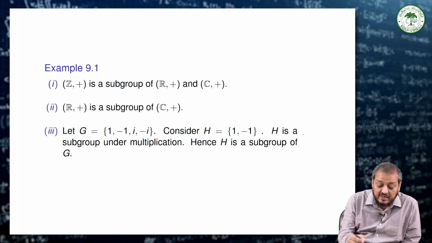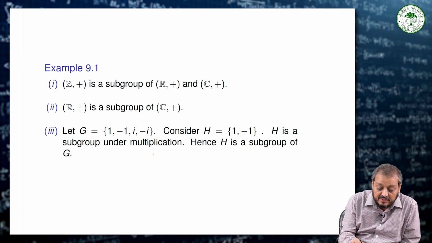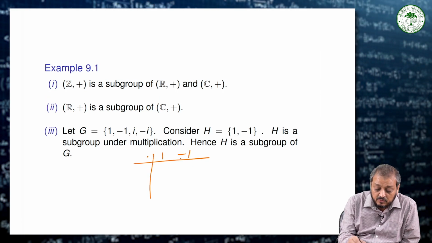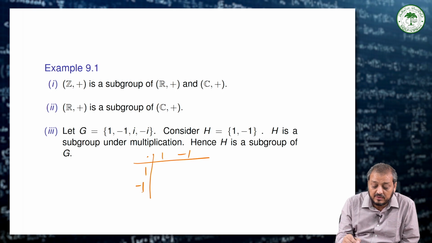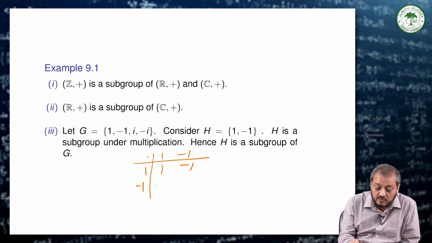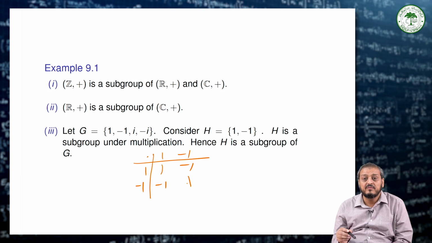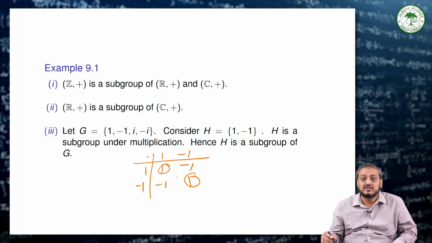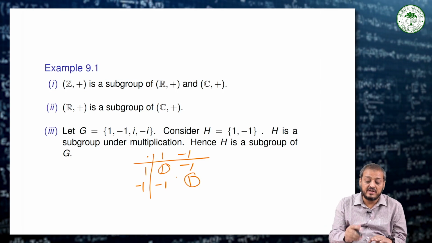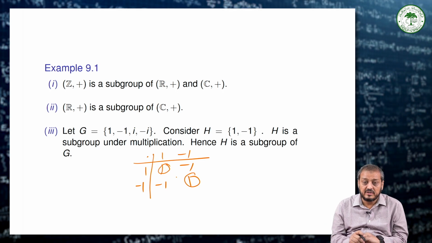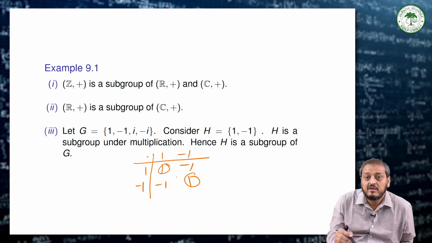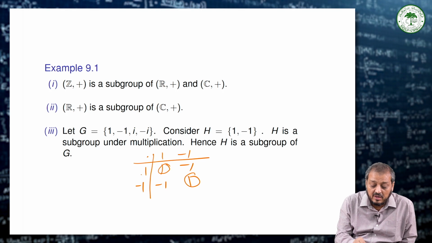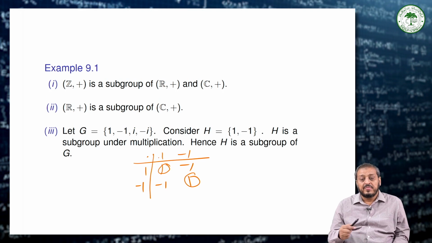Simply, if we verify this using the Cayley table under multiplication, we take 1, -1 and 1, -1. So, 1 times 1 is 1, -1 times -1 is 1. You can see the identity element under multiplication is 1, so the identity element holds in this case, and every element is its own inverse: -1 is the inverse of -1, and 1 is the inverse of 1.